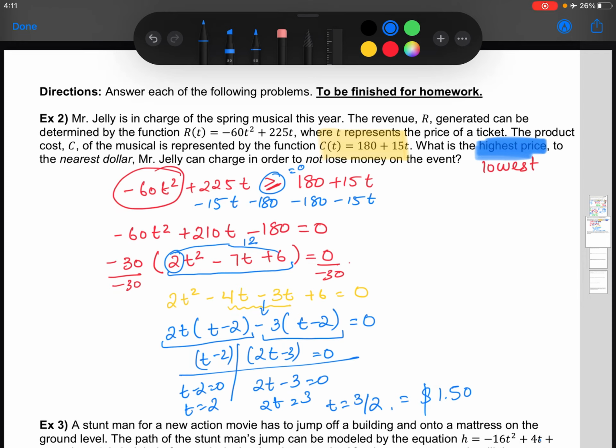It asked for the lowest price to the nearest dollar. Between the two, $1.50 is the lowest. If I round it to the nearest dollar, it will be $2. So the lowest price he can charge so that he does not lose money is $2.